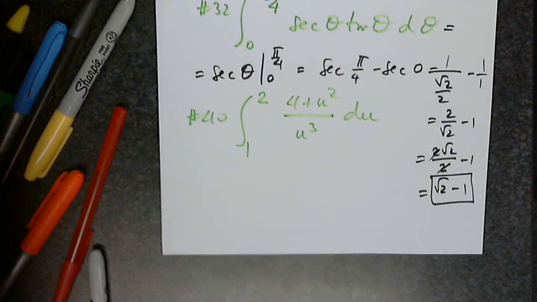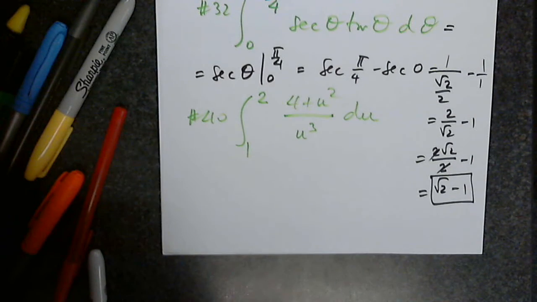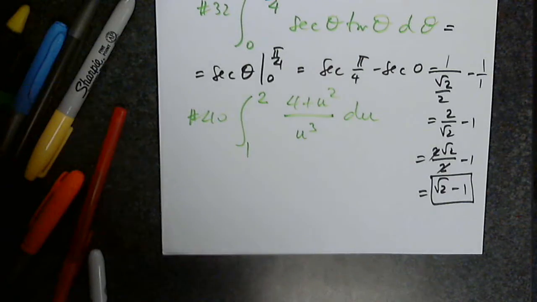Now, can anyone tell us what to do with number 40? Think for a moment. Pull out 1 over u? No, I cannot do that. I cannot pull out variables. I can only pull out constants.